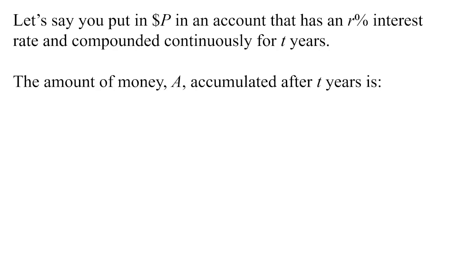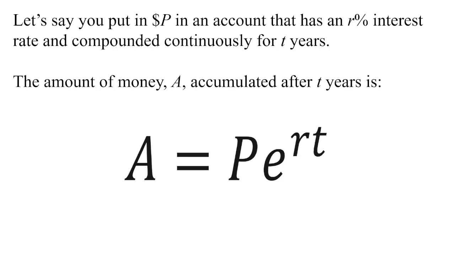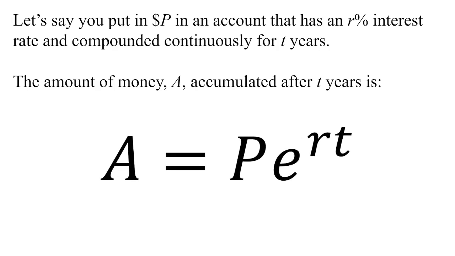Let's say you put in P dollars in an account that has an R% interest rate and compounded continuously for T years. The amount of money accumulated after T years is, you'll find, using this formula. This involves the e function, as you can see here.